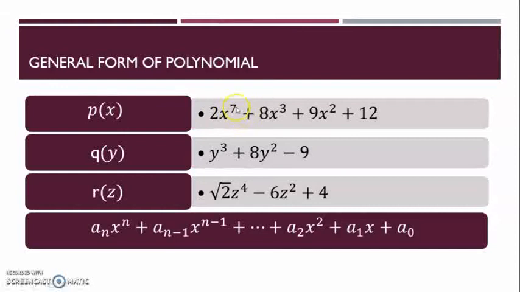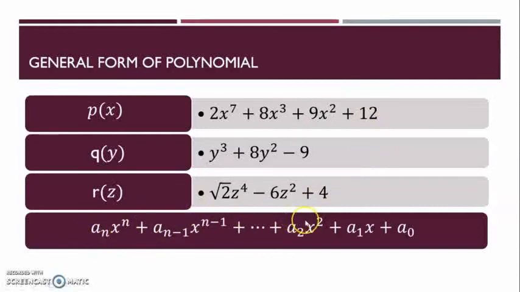There is no x to the power 6. The x to the power 6 term is missing, x to the power 5 term is missing, x to the power 4 term is missing. Then we have the x to the power 3 term. There is the x to the power 2 term. Then the x term is missing. Then we have the constant term.